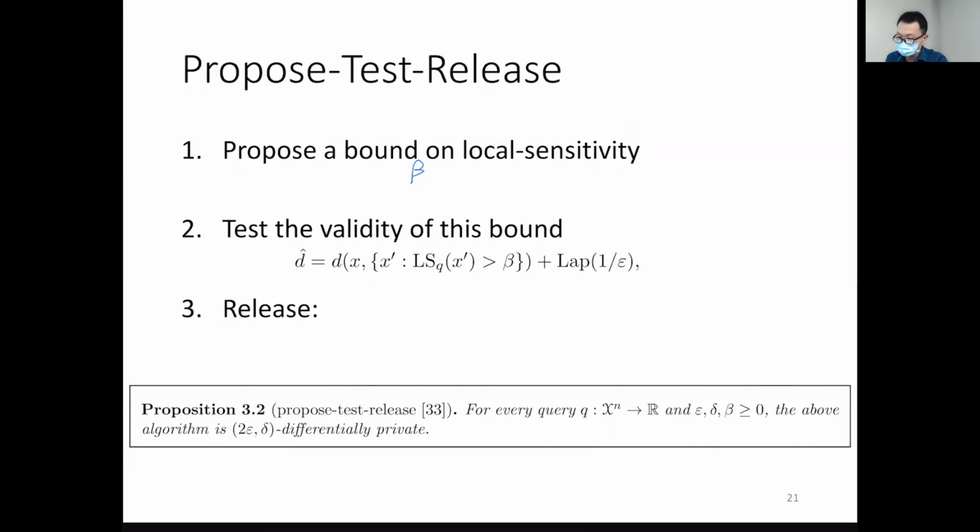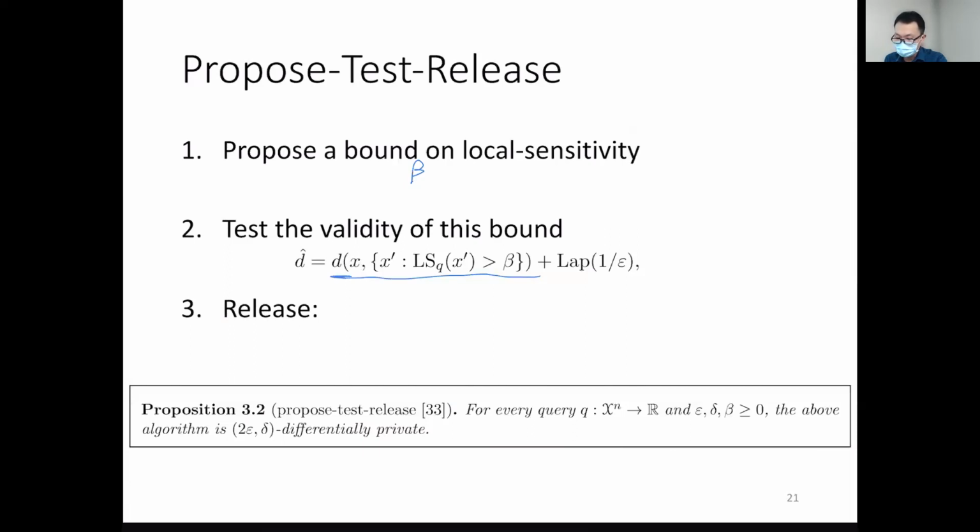This is a generalization of the distance to instability function that we talked about earlier. The previous function is equivalent to choosing this beta to be 0, but here we can choose this beta to be other numerical values that are larger than 0.